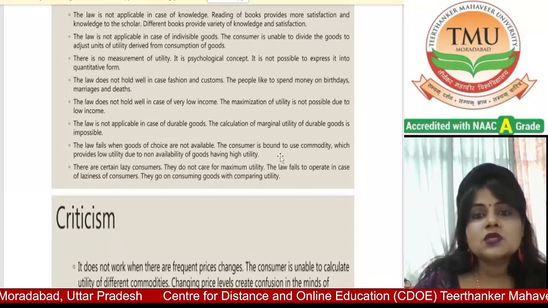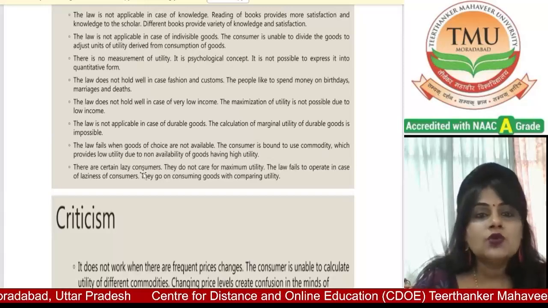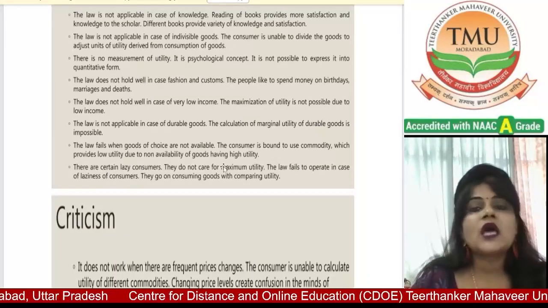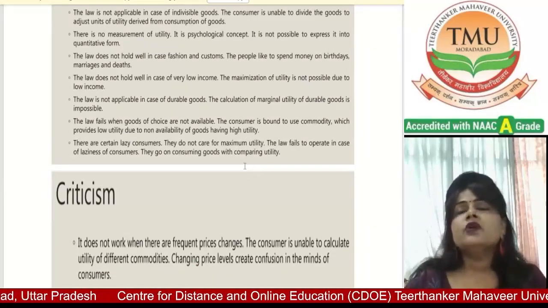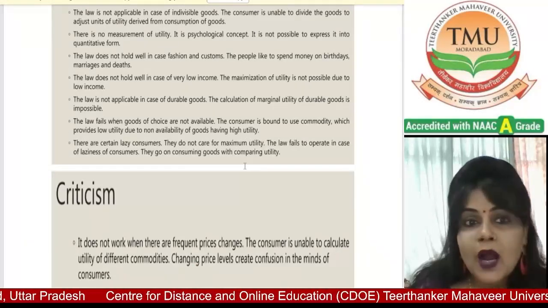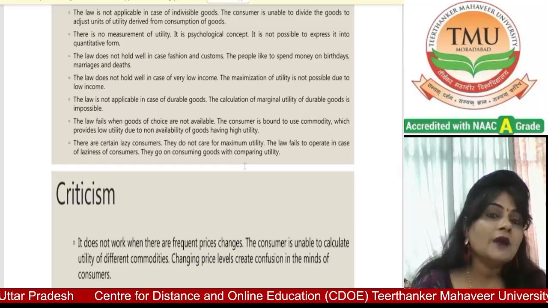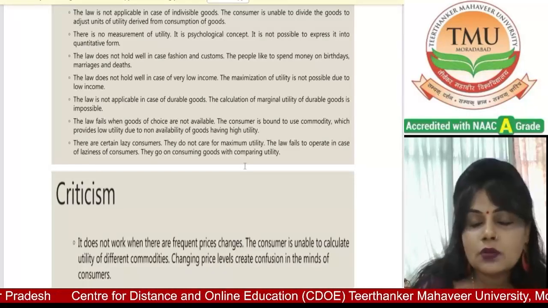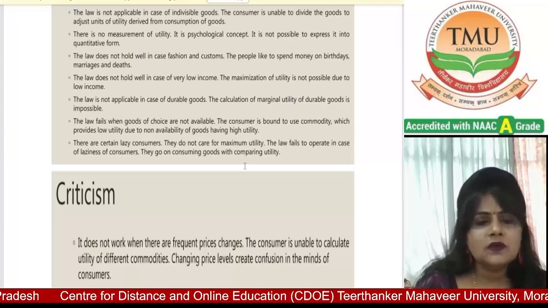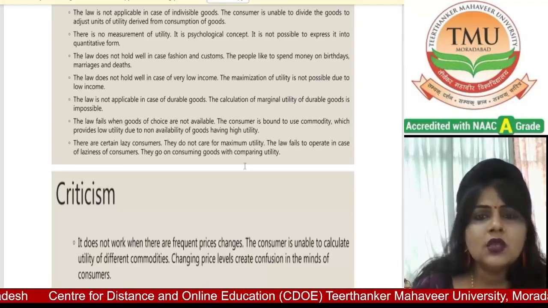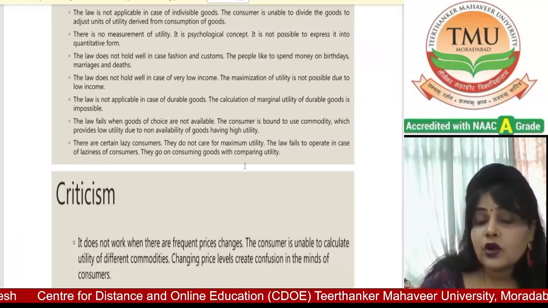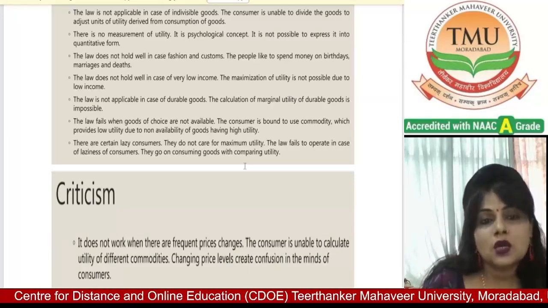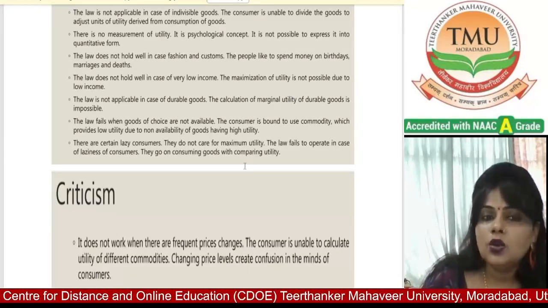The consumer is bound to use a commodity which provides low utility due to the non-availability of goods having high utility. If something is not available in the market, the consumer has to use another thing in its place, so he cannot judge what utility he gets.